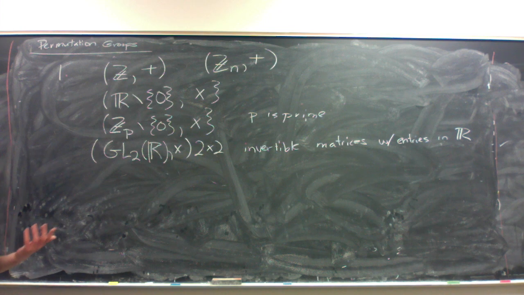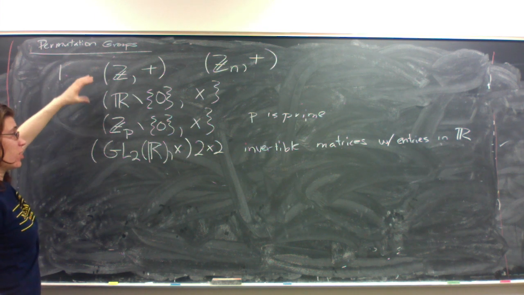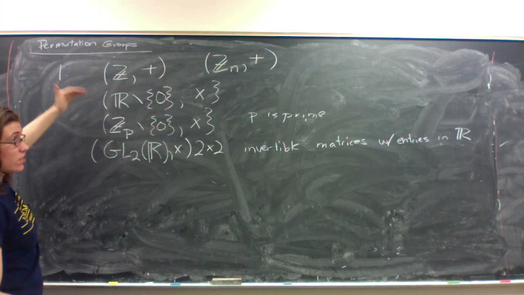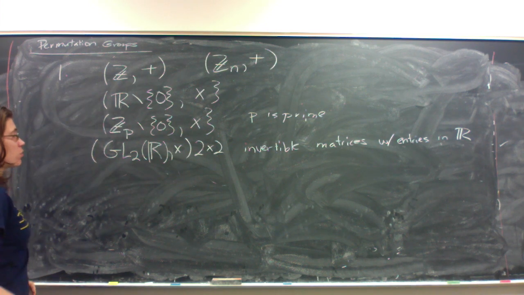This is a group. So these are some of our favorite rings, and essentially we're looking at either the additive structure or the units in those rings to allow us multiplicative structure.